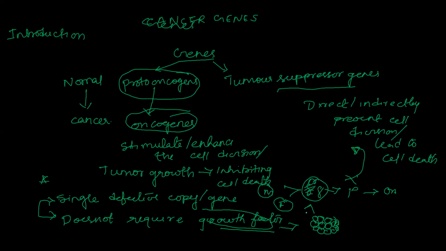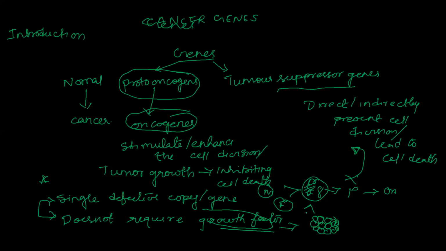These proto-oncogenes act very much like a normal cell, and they will not have any malfunction or non-functioning part. But once one gets mutated, it can change into an oncogene. Oncogenes have the capacity to stimulate and enhance cell division, and sometimes they also help in tumor growth, that is, they inhibit cell death.